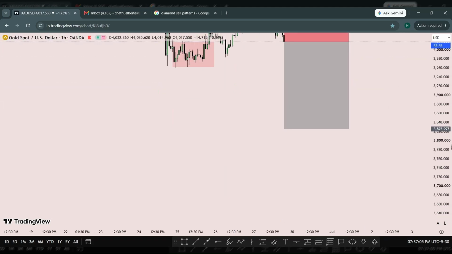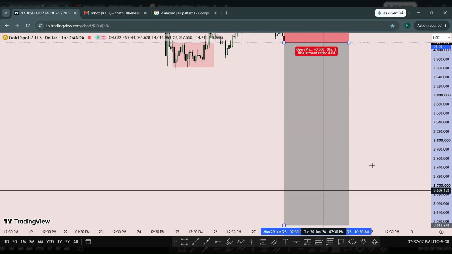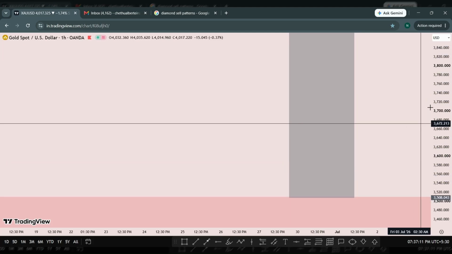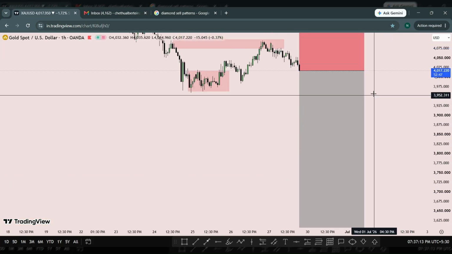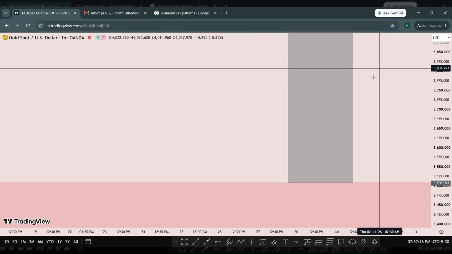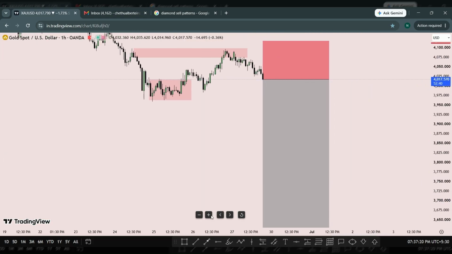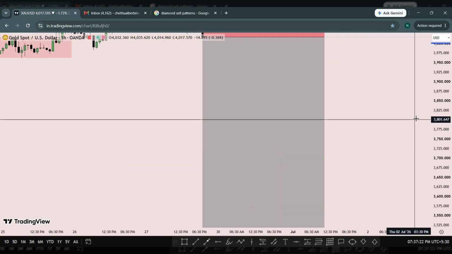Then target $1,500. For this, I don't know when the price will reach from here to 3,500, but I strongly believe the price will touch this $3,500.